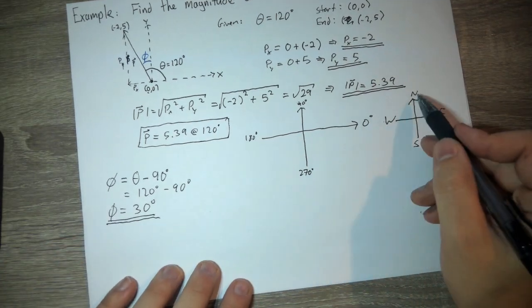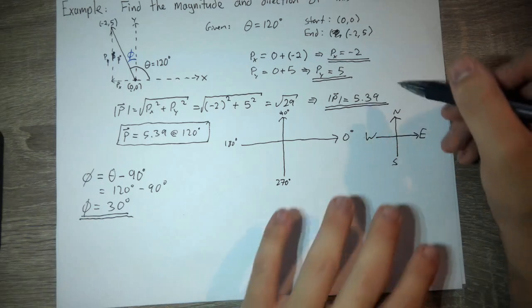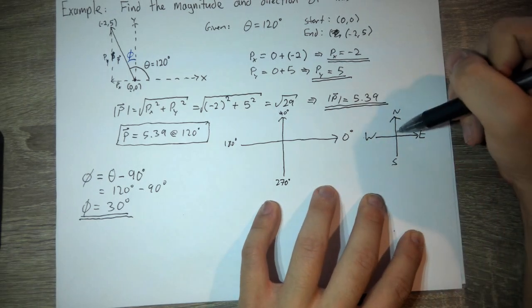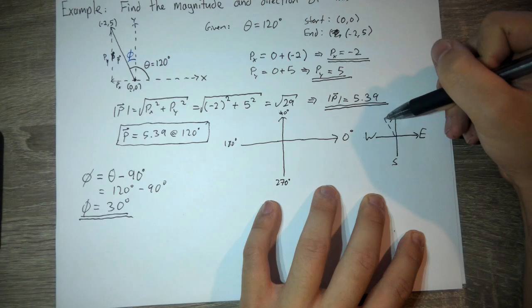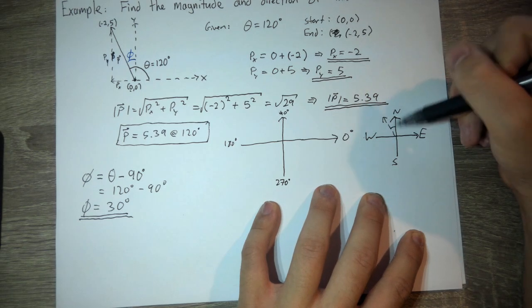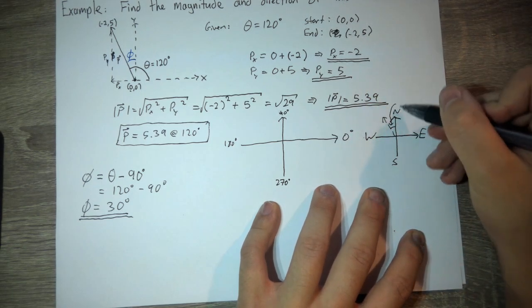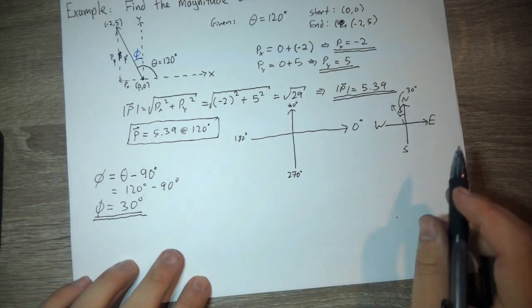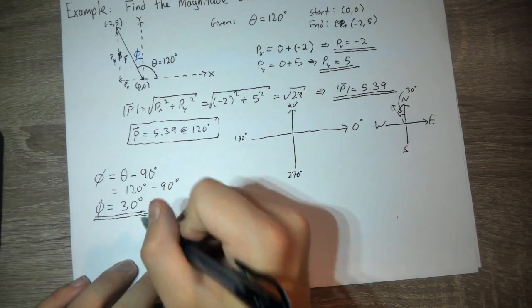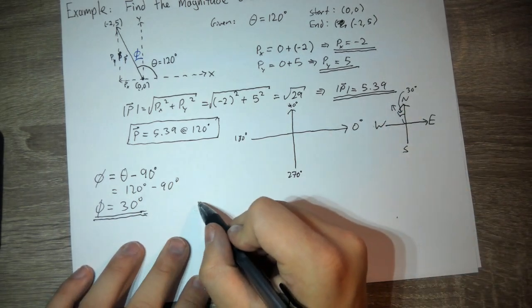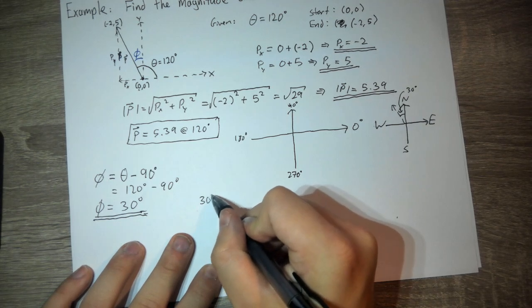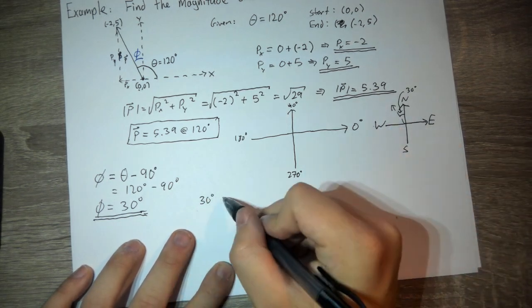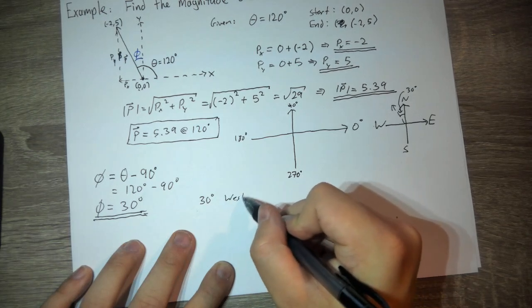Okay, so if we think about this compass here, and we have our vector basically here with this angle being 30 degrees, what we can say in terms of direction is that this is 30 degrees west of north.